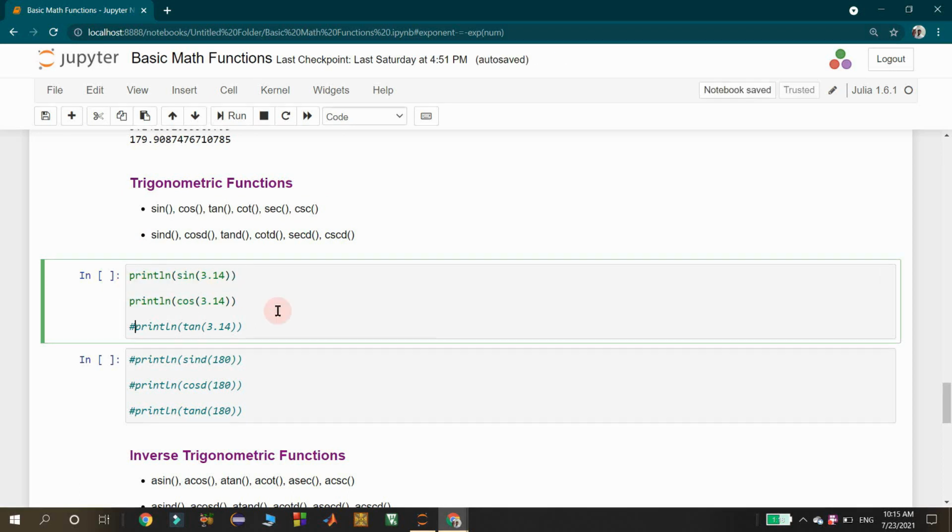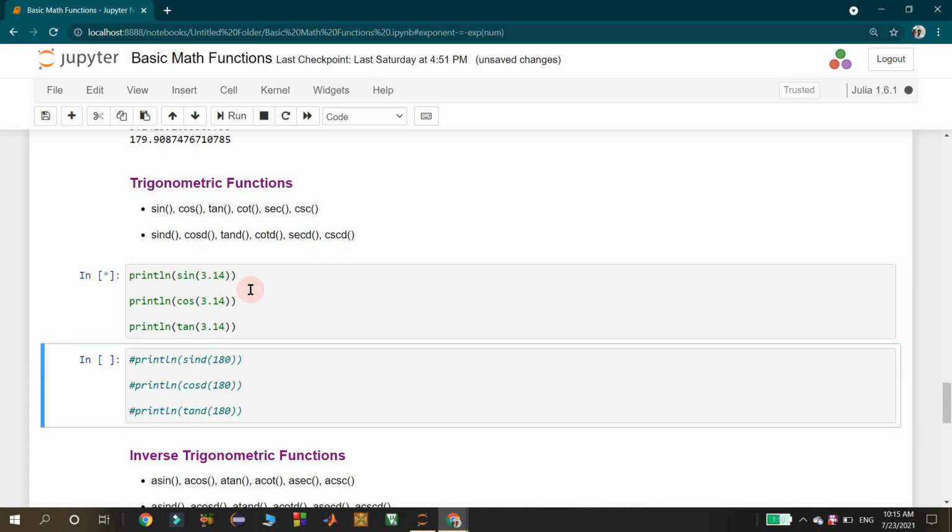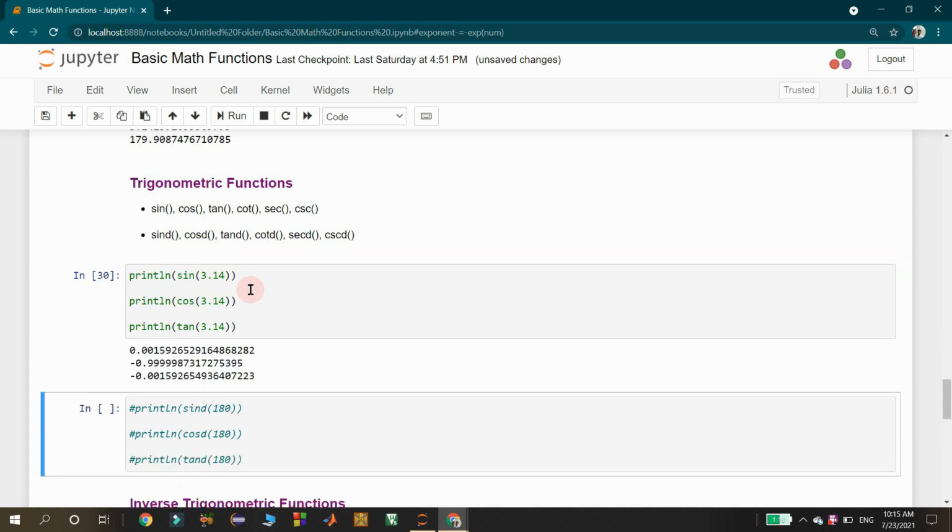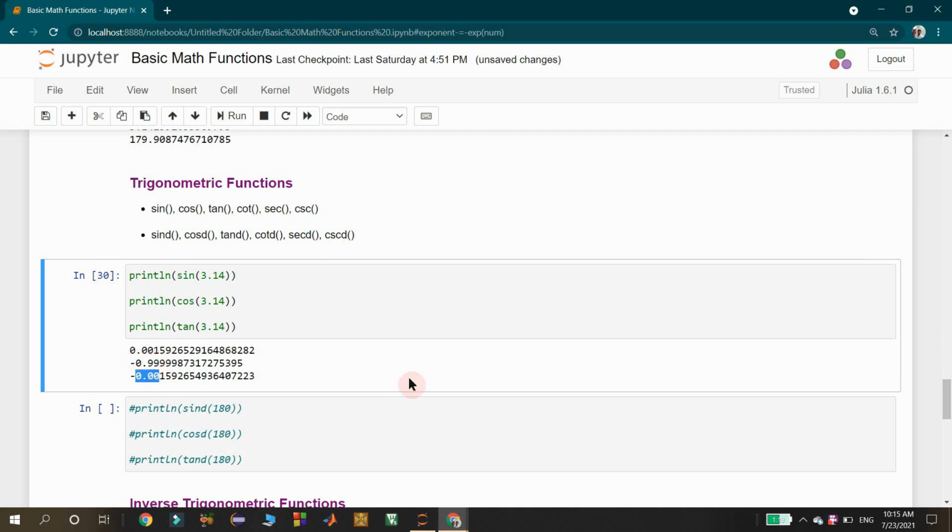I am giving 3.14 as the radians value to find the sine value, cos value as well as tan value. 3.14 is approximately equal to 180 degrees, that is pi radians. Then we got sine of 3.14 as approximately 0 and cos of 3.14 approximately minus 1, and 0 for the tan of 3.14.